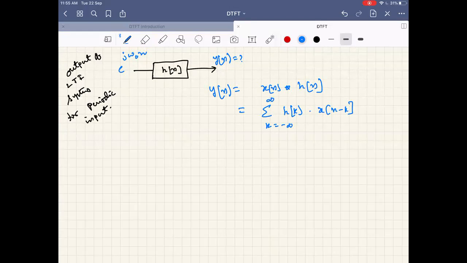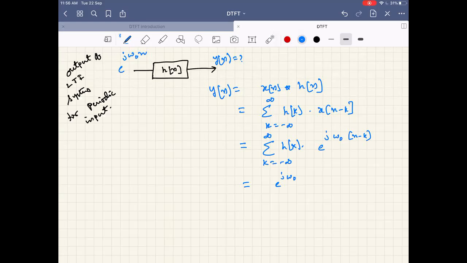Fine. Now I will write it more explicitly with the given input. H of k and X of n minus k is what? E power j omega naught into n minus k. I will try to expand it. See, this summation is over k.